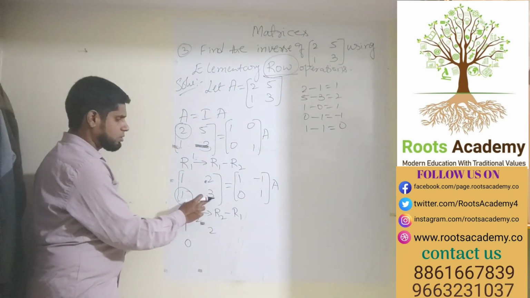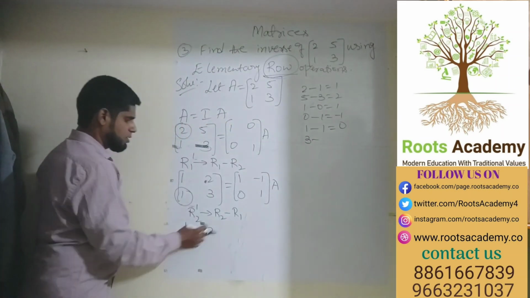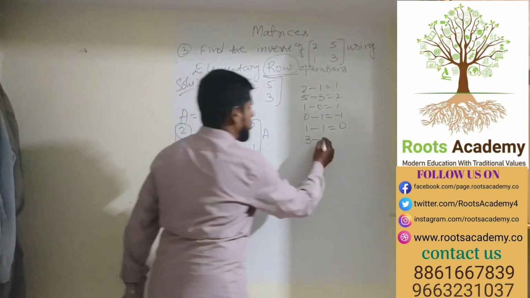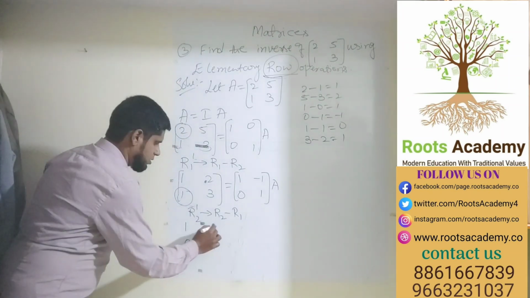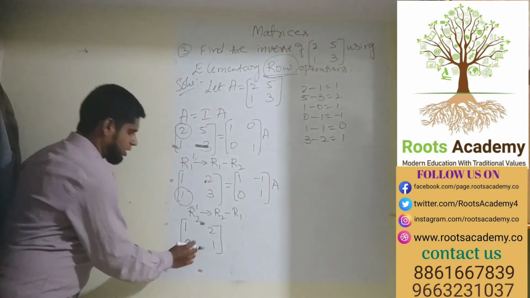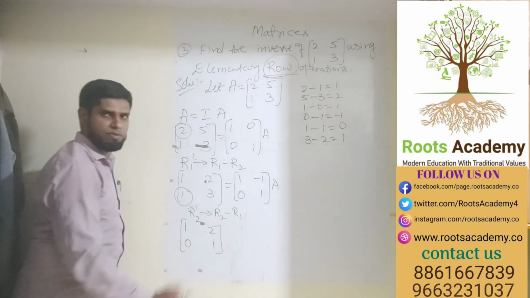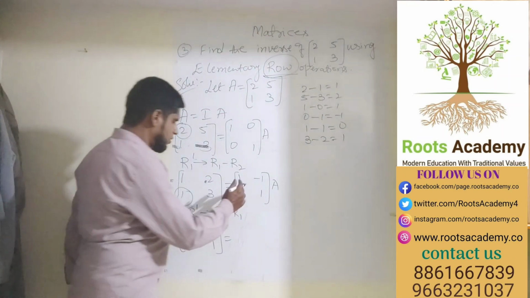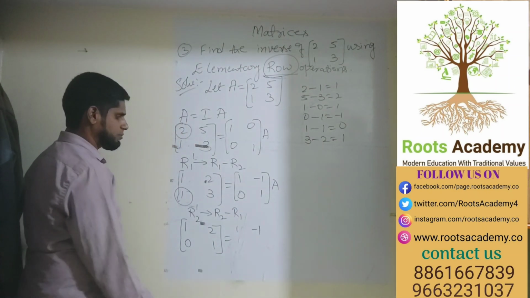Now next, the second row is 3 minus R1. Corresponding to this 3, R1 is 2. So 3 minus 2 is 1. Oh, I'm very lucky that I got this also 1 in this transformation itself. So this is equals to, first row as it is, no changes, 1 minus 1.